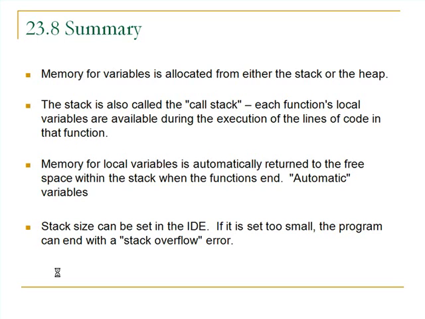Okay, so let's just discuss for a little while what we did in this segment. The memory for variables in your C program is either allocated from the stack or the heap. The stack is also called the call stack, and each function's local variables are available on the call stack during the execution of that function. And those variables, the memory allocated for the local variables, are also called automatics, because that memory is automatically returned to the free space when the function is over.